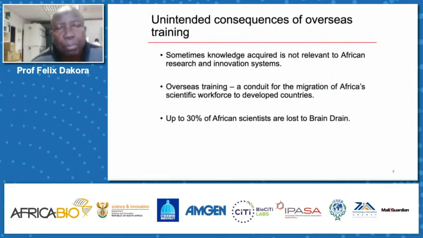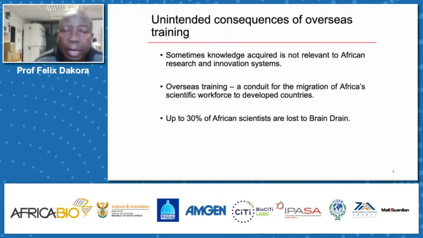Now, this approach has its own unintended consequences, in that sometimes the people that we train abroad acquire knowledge that's not relevant to the African research and innovation system. Also, overseas training becomes a conduit for migration of Africa's scientific workforce to the developed world.